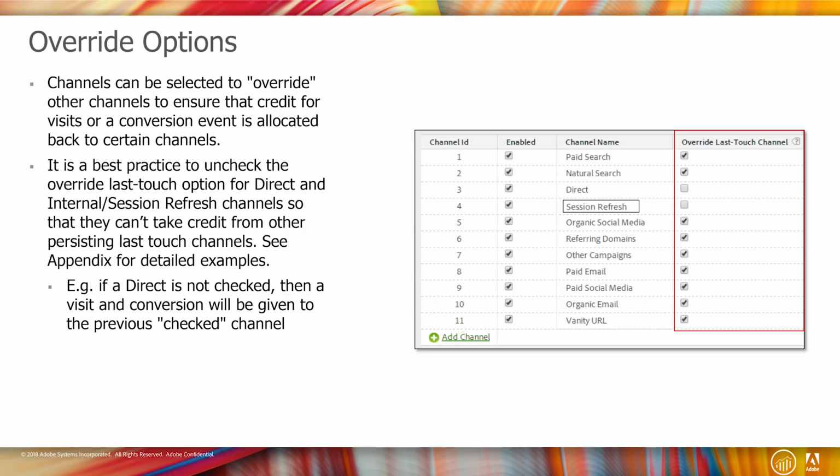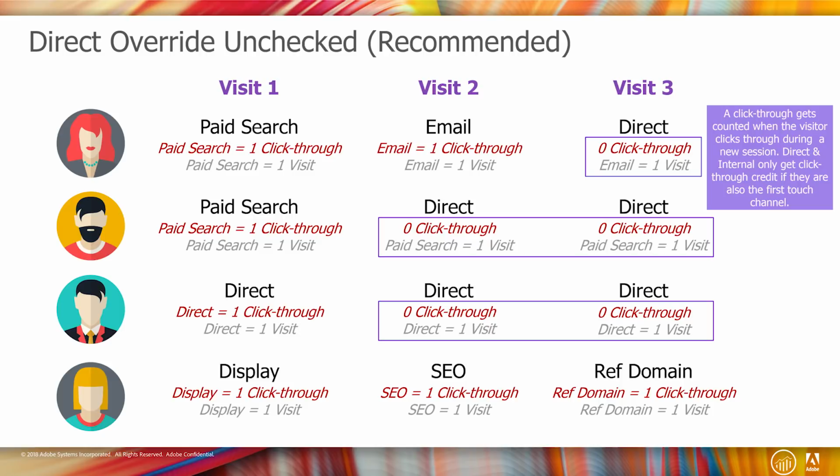There's one other item to call out here in that there are some override options. So each of these channels, you can manually select whether or not it should override the previous channel. By default, you're going to see channels like direct and session refresh or internal that most likely don't have the override checked. And we'll actually give you an example of that right now. So here's an example of 4 different visitors that have 3 different visits each.